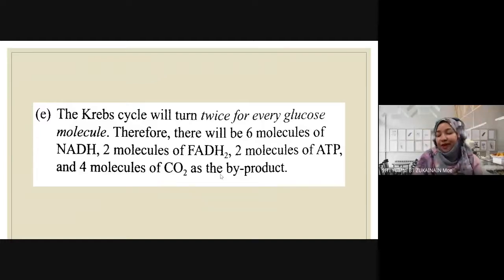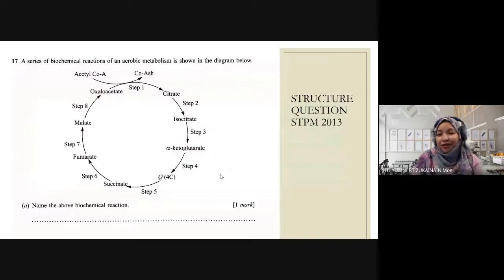Teacher hopes that until here you already memorized the 8 stages of the Krebs cycle and the production of the Krebs cycle. However, you need to memorize the enzymes' names, because if you look at the structured question, STPM 2013, question number 17: a series of biochemical reactions of aerobic metabolism is shown in the diagram below.